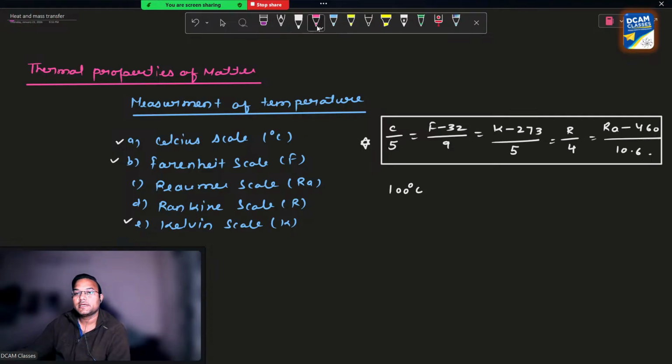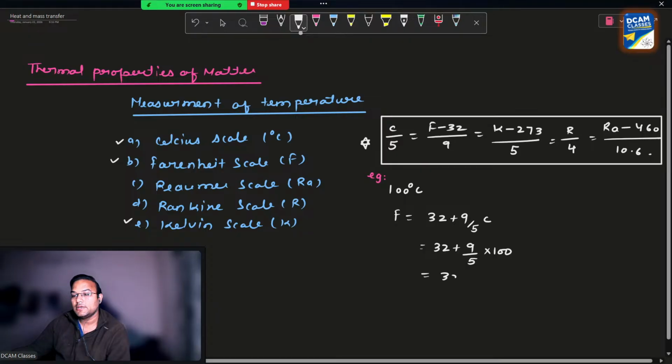Now I want the Fahrenheit temperature, so F will be 32 plus 9 by 5 into C. So 32 plus 9 by 5 into 100, so 32 plus 9 into 20, 180 plus 32, 212 degrees Fahrenheit.